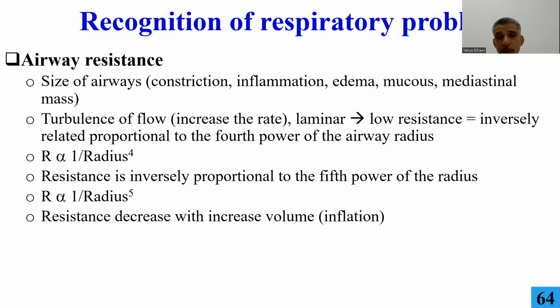Whenever the flow is laminar, do you guys know what is laminar flow? Anybody know what is laminar flow? So laminar flow is when you look at the river, if you've seen a river, the water in the middle moves very fast. And as you go to the banks, to the periphery of the river, you go slow.